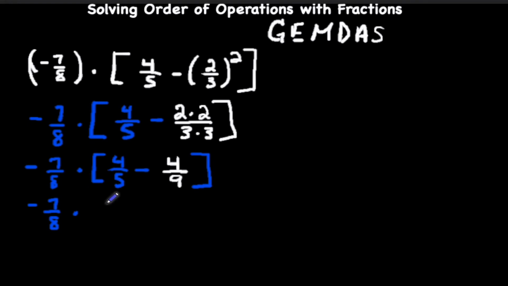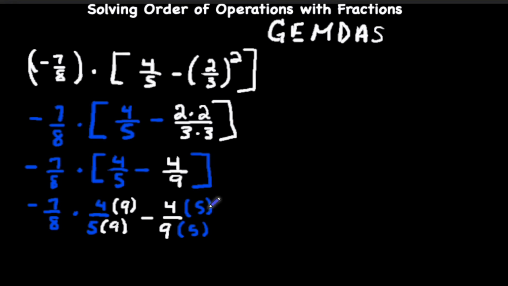So let's go ahead and take these fractions and turn the denominators into 45. So 5, that means 5 times 9 is 45, right? Multiply by 9 in the numerator as well. Minus 4/9, and 9 times 5 is 45. 4 times 5.